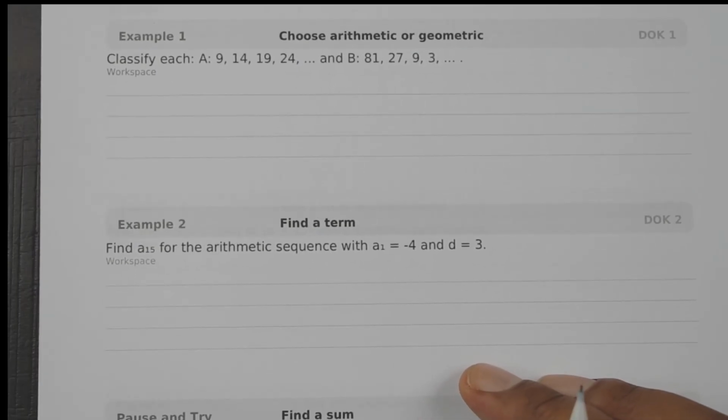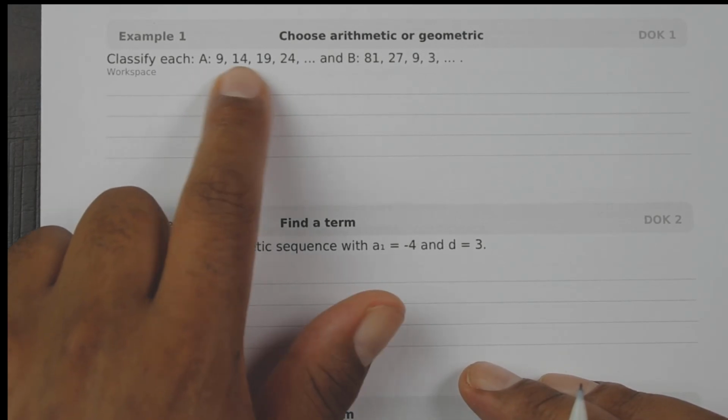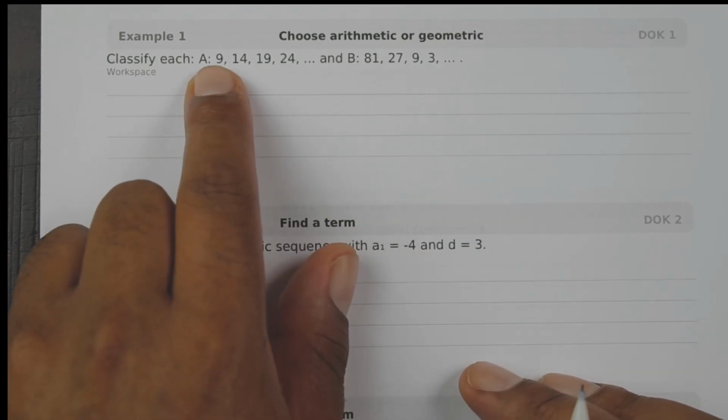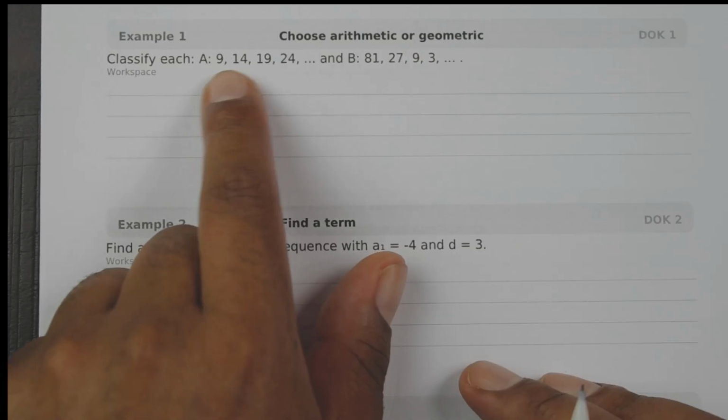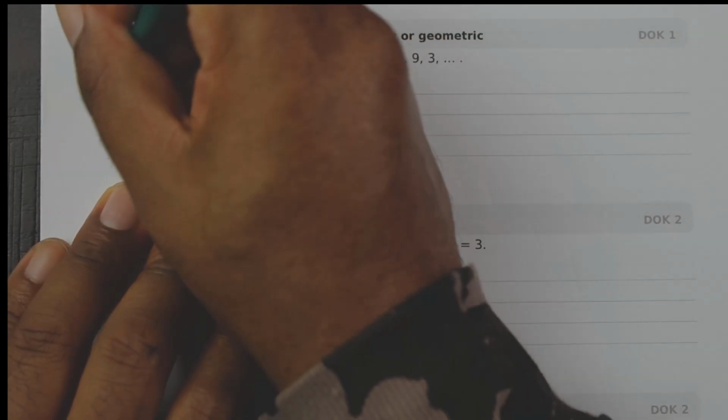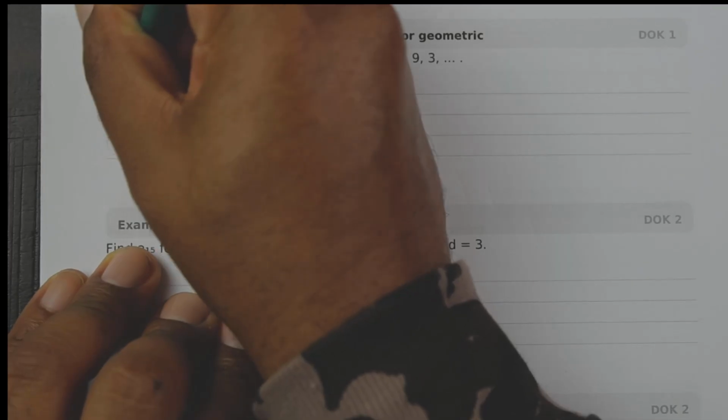All right, so let's first of all classify each one of these. We have sequence A and sequence B. I can look at these and see that there is a pattern with both of them. For A, I see what's happening.